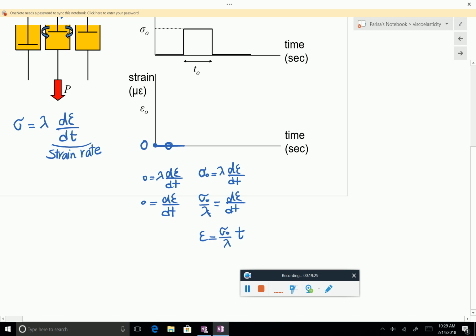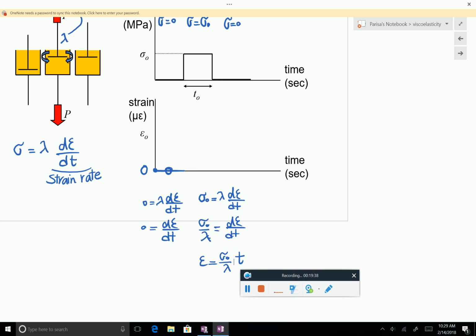We start from 0, so it will be just sigma 0 over lambda times t. It's a line, and you have seen it before. So starting from the point I'm applying the load, the relationship between epsilon on the y-axis and time on the x-axis is a linear relationship. It's a line. And I know that the slope is sigma 0 over lambda.